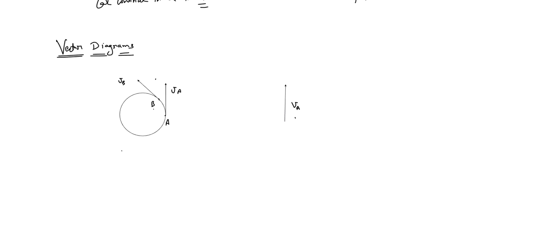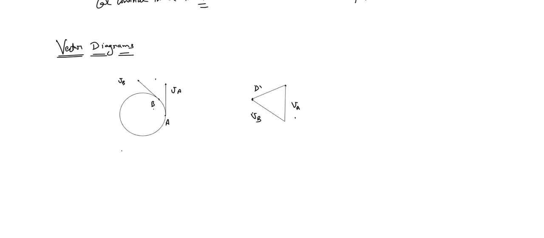And similarly, if I draw parallel to this, this is representing VB, right? And if I have to find the change in velocity, earlier it was VA, now it is VB. So the change in velocity is from VA to VB, that is delta V.